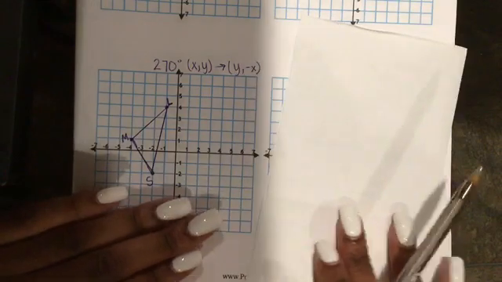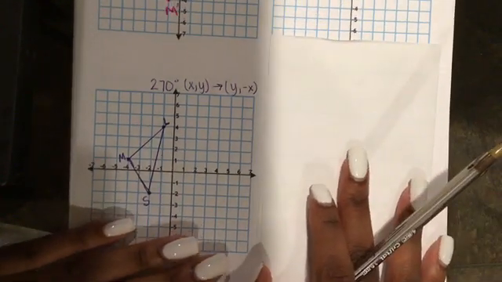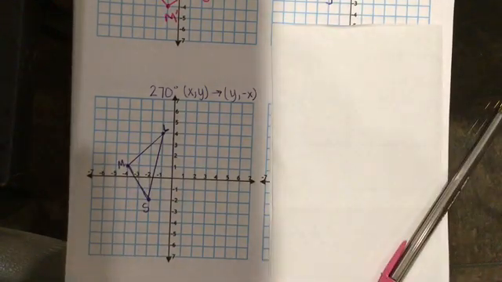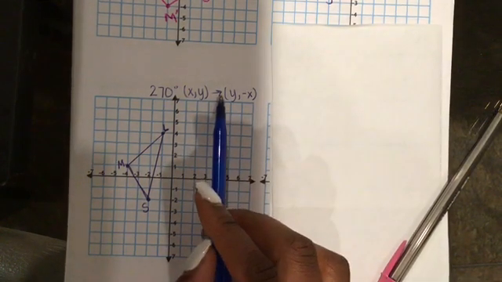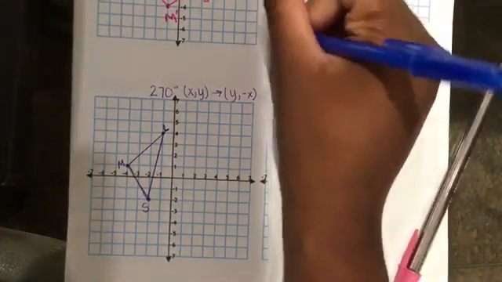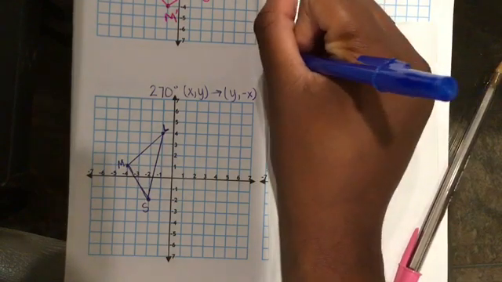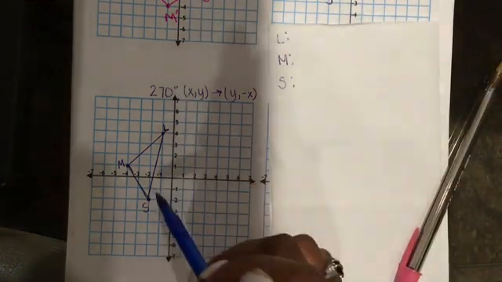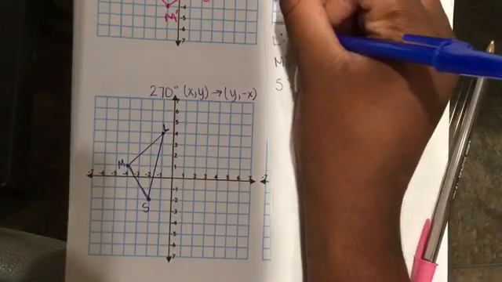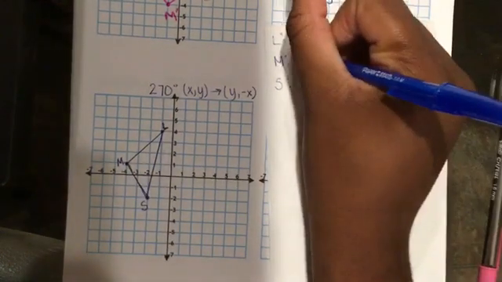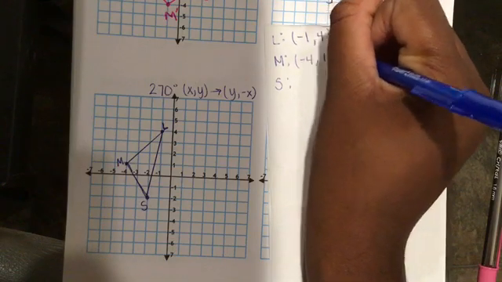So now, let's look at rotation 270 degrees. So when it's 270 degrees, your Y comes to the front, but it stays the same. Your X goes to the back and it changes. So we have our same figure, same points, LMS. L is at -1, 4. M is at -4, 1.